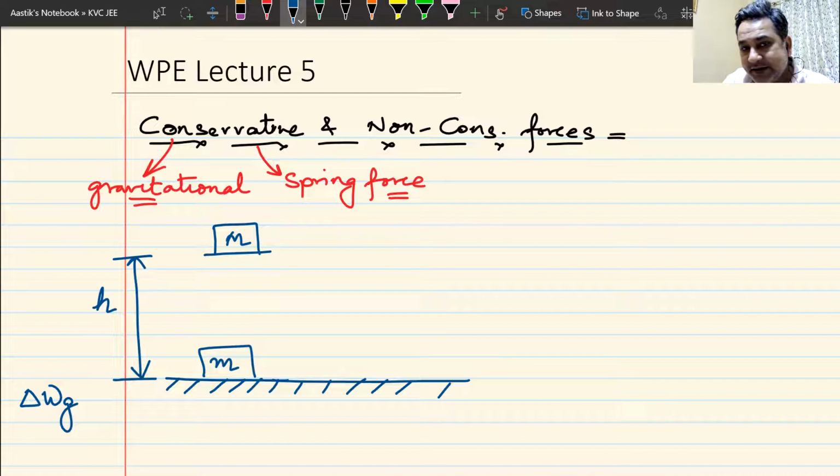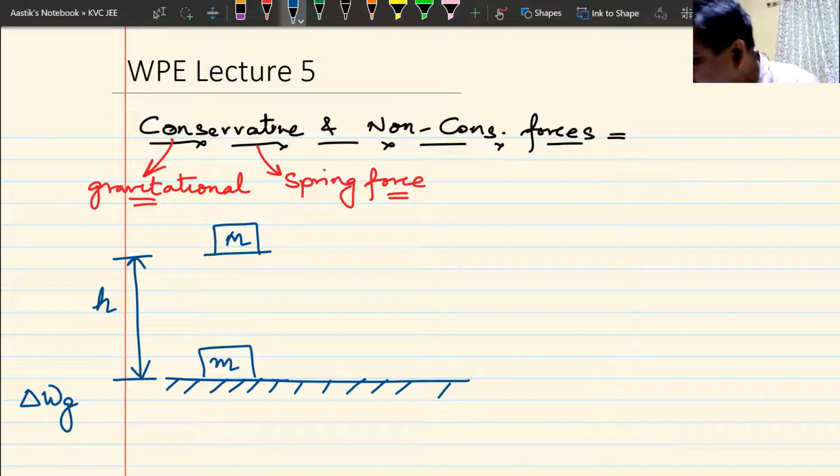So basically what we are doing is trying to understand conservative forces, and we have taken two examples, gravitational force and spring force. To understand what a conservative force is, we are moving a block from ground to a height h. Now, if I find the work done by gravity in this case, I will tell you.